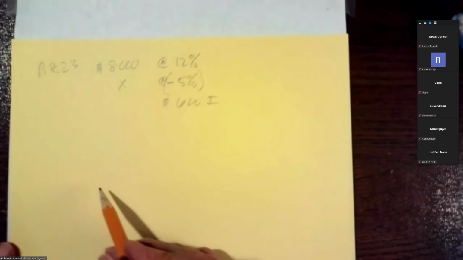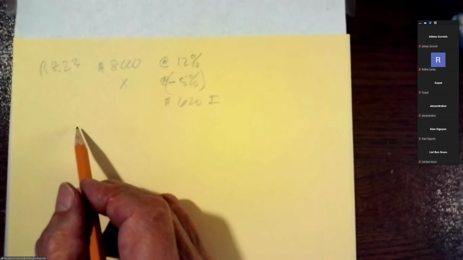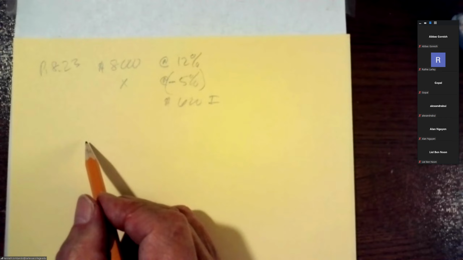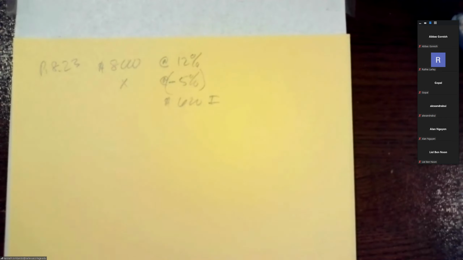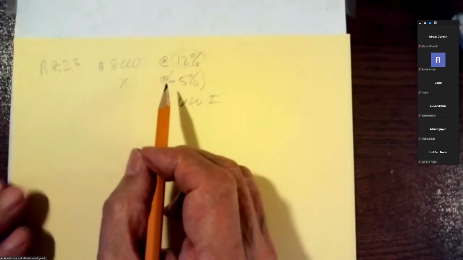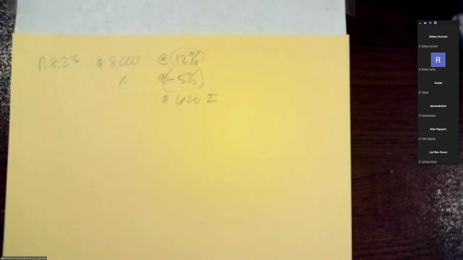Okay. So we have some amount invested at 12%, and some other amount invested at 5%. So let's think about this. If we don't know what the amount is invested at 12%, let's read that again.